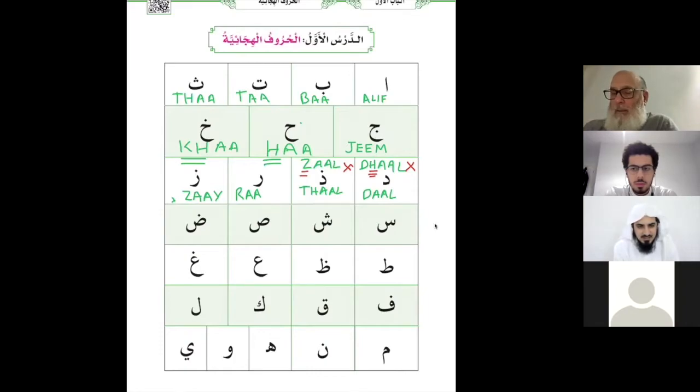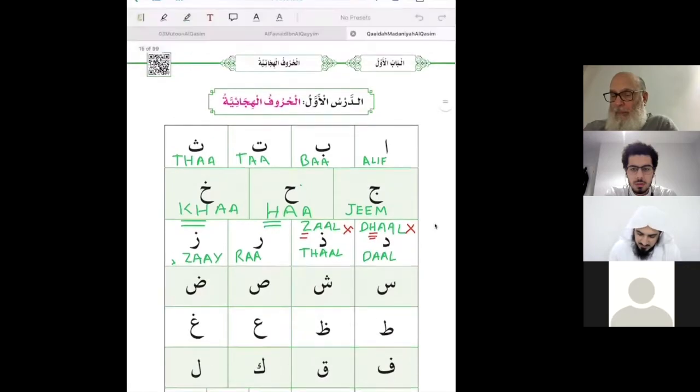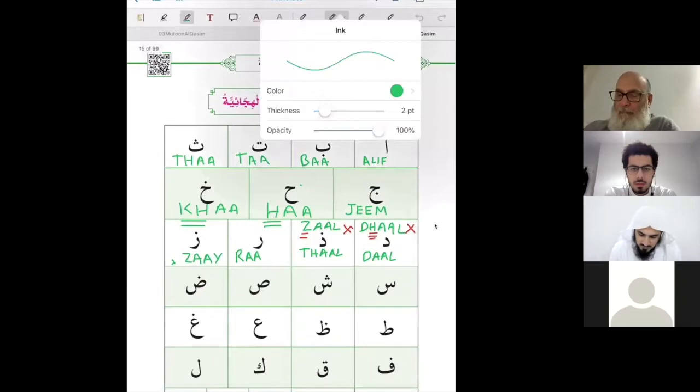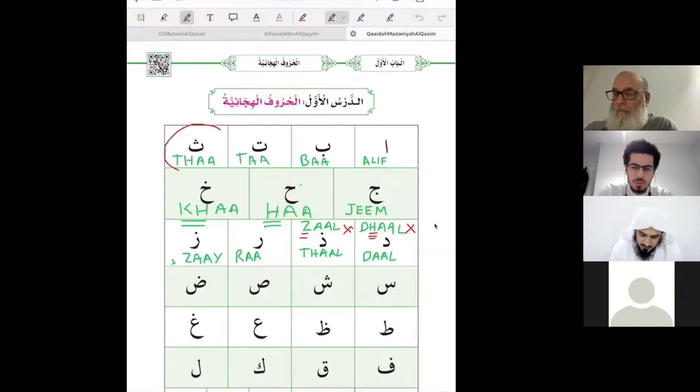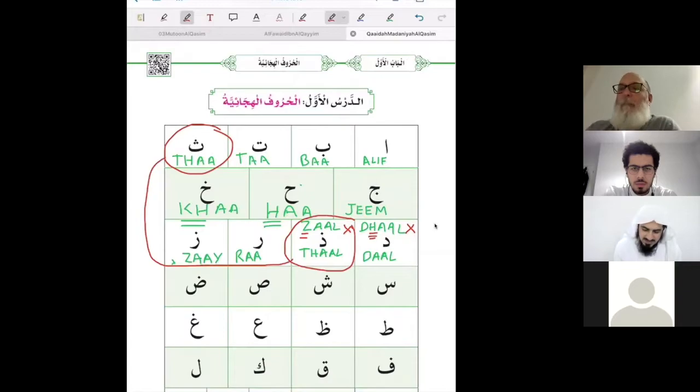And yesterday's lesson, Dhal. So letter number 4, if you're going from the beginning, let me mark that. This is letter number 4. This one, and this one. Can you see the difference? Tha, Dhal.